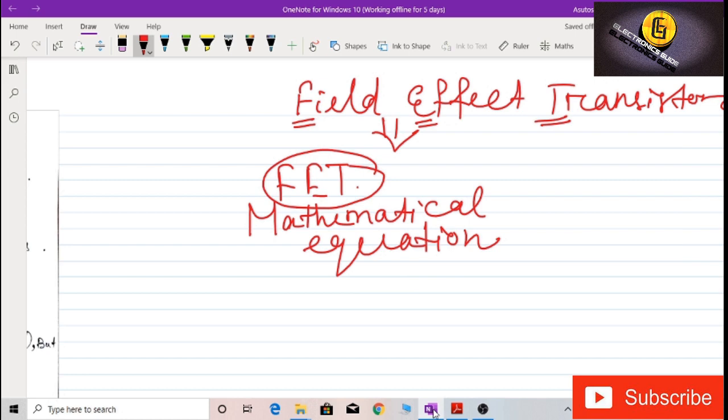And at the end of this chapter, we are going to solve some numerical problems that can be asked in competitive exams like GATE or IES or some PSU recruitment exams, or any other, or can be asked in any semester exams.